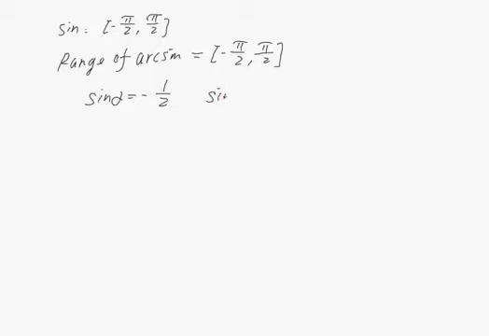Although we know the sine of pi plus pi over 6 is equal to negative 1/2, because the reference angle of pi plus pi over 6 is pi over 6, and the sign of the sine function in quadrant 3 is negative, you cannot say arc sine is equal to pi plus pi over 6, because this angle is not in the range of this arc sine.